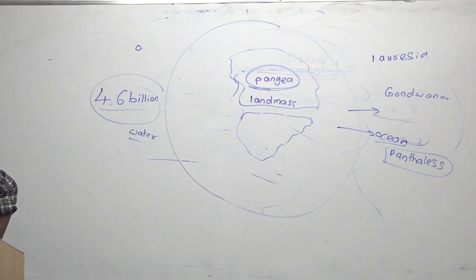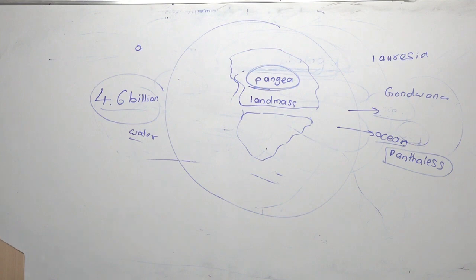Due to the internal changes inside the earth, this Pangaea broke away into two pieces: Laurasia and Gondwana.